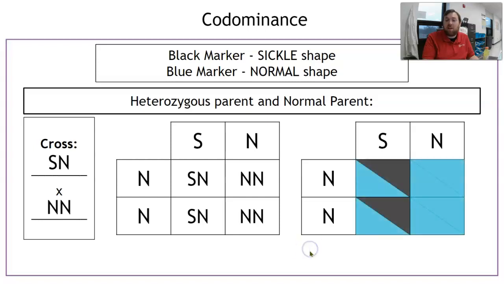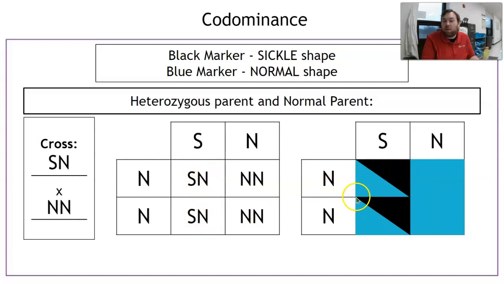Now, what that would look like on our color coding here is that we would have blue as a normal shape be filled in completely for the ones that have the normal genotype, because they'll then have the normal phenotype only. For the ones that are a combination of the codominant genotypes, then that would have to be 50-50.